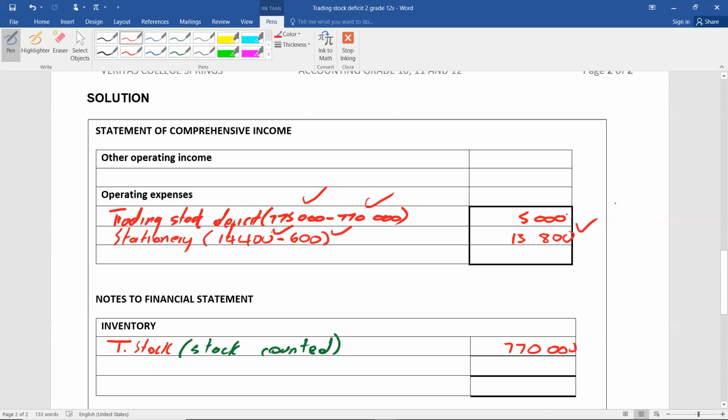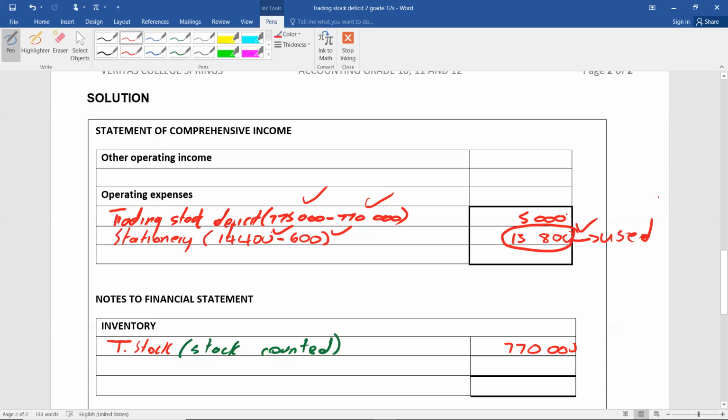I was telling the grade 11s, as I've said to you as well, that accounting is 50% accounting, because you need to know which account is affected, but the rest of it is just maths and English. I told the grade 12s, when they were in grade 11, whatever comes in here must be stationery used.